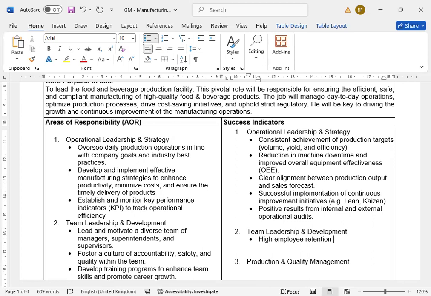So if they're happy, then you'll be able to retain, especially those key employees. So retention and satisfaction rates. How are you gonna find this? By conducting surveys. You conduct surveys through email or face-to-face surveys, things like that.